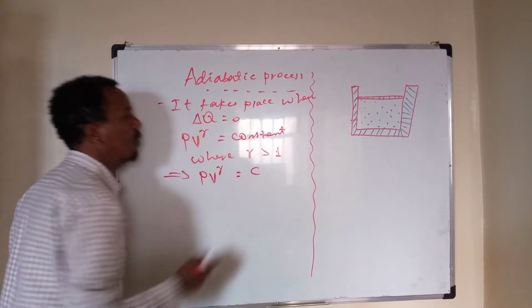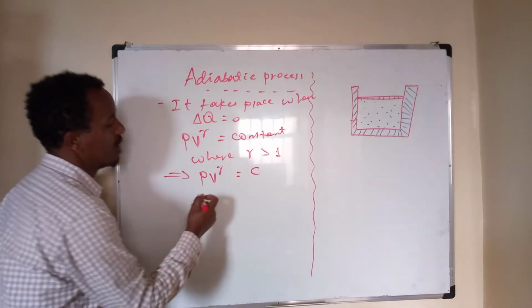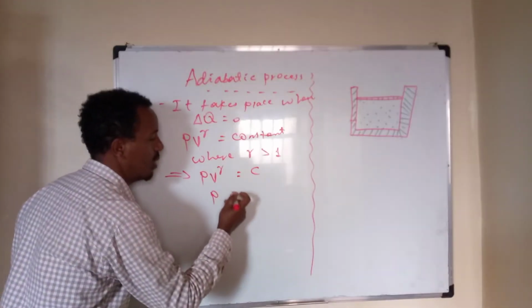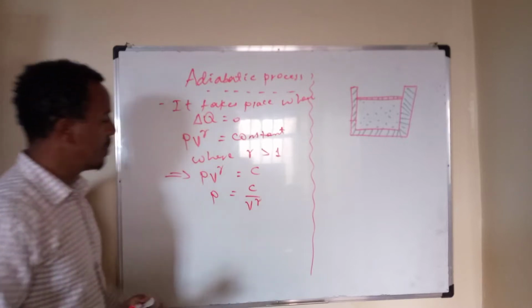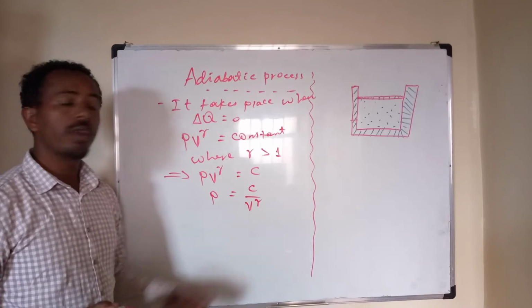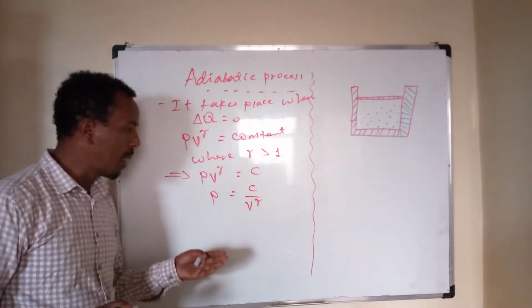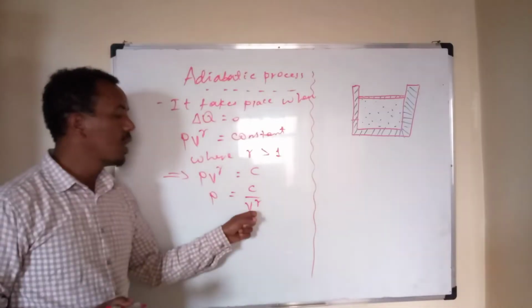Let's say instead of constant, we substitute capital C. So P is equal to C over V raised to gamma. Pressure is inversely proportional to V raised to gamma. In isothermal process, pressure is inversely proportional to V simply.